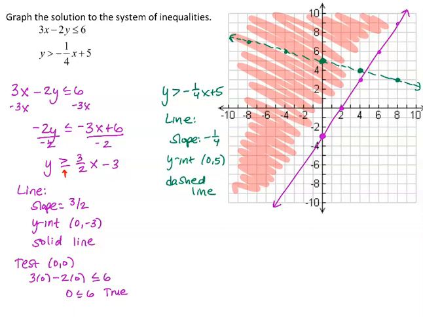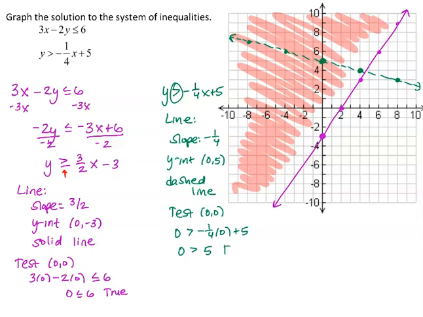So what we want to figure out is, of those 2 shaded sections, which one of those is actually our solution set. So because this was a greater than symbol, you can again think about that our shading is going to be above the green line. You can also do a test point again. We can use that same 0, 0. If I plug in 0 is greater than negative 1/4 times 0 plus 5, so 0 is greater than 0 plus 5 is 5.